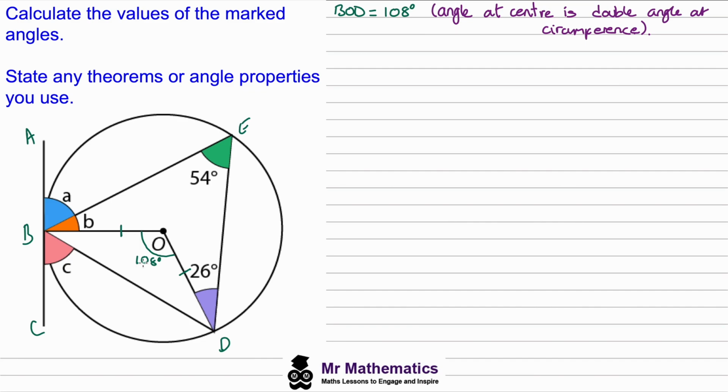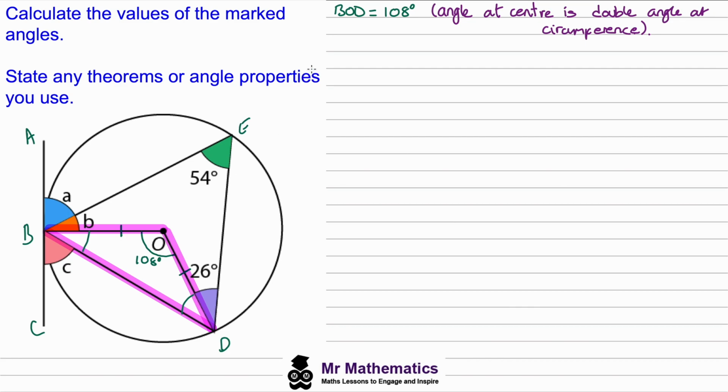Okay, so if we have this angle of 108 degrees, and we know that O to B and O to D are equal, well, now we have an isosceles triangle, which means now we can work out this angle and this angle, because these two angles must be equal. And we have angles in a triangle which add up to 180.